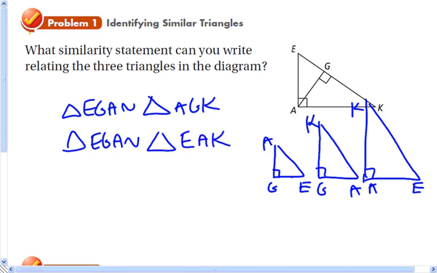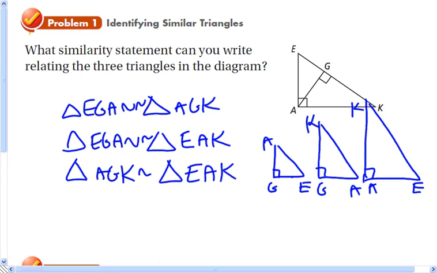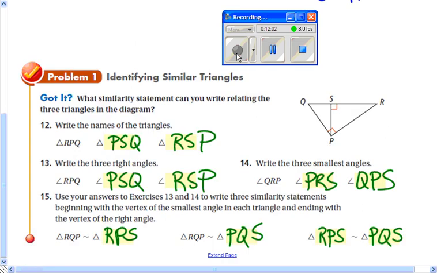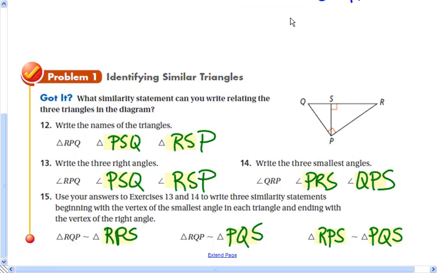Then I'll do the medium one to the large one, putting similar signs in each of those, and I got them. All right, but I'm going to pause here and you can try that. All right, here's what you should have for that.